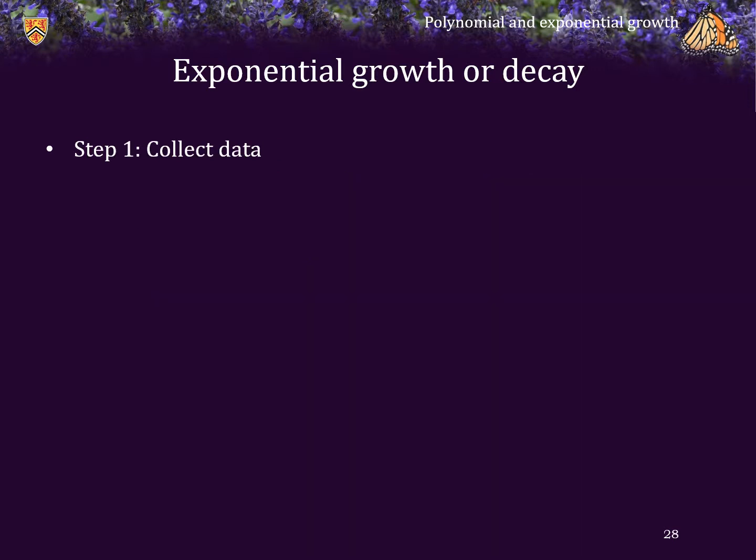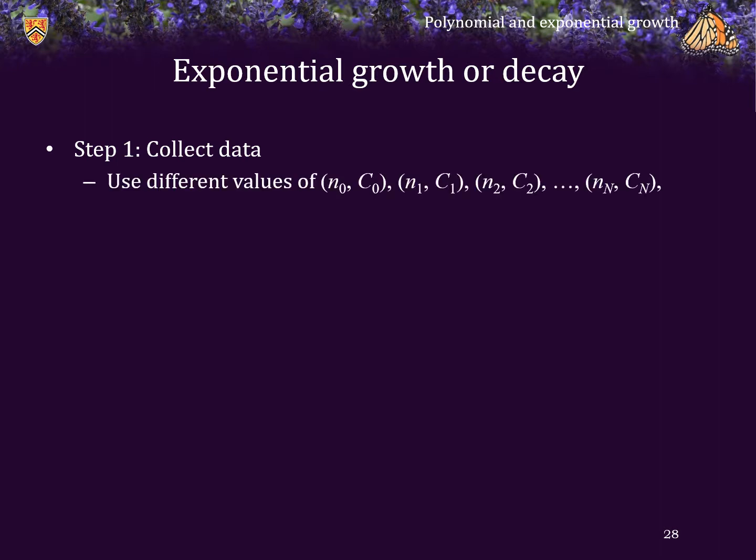So the first step is to collect data. For different values of time, n sub naught, n sub 1, n sub 2, all the way up to n sub capital N, what we're going to do is calculate our count. For each of these times, we've counted or measured some quantity, and it is changing. Now, try to get as many points as is reasonable.